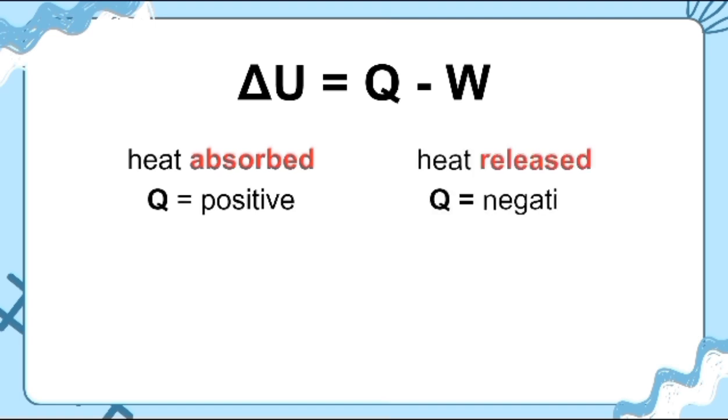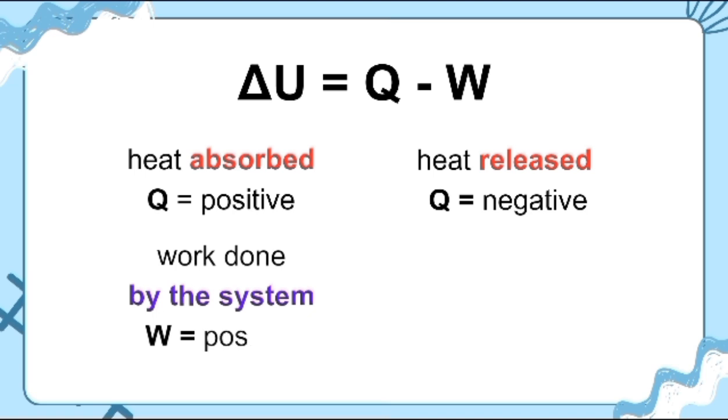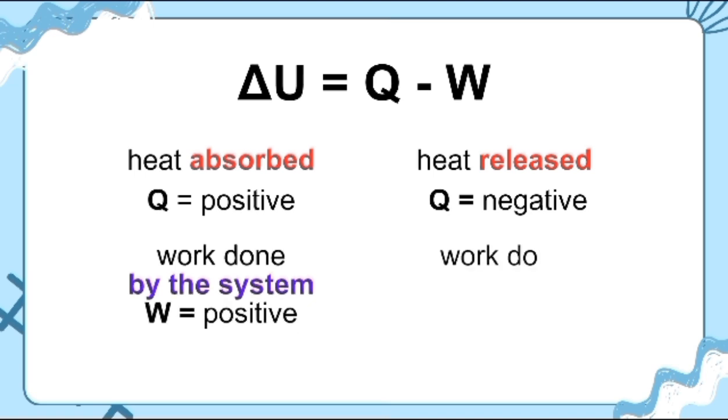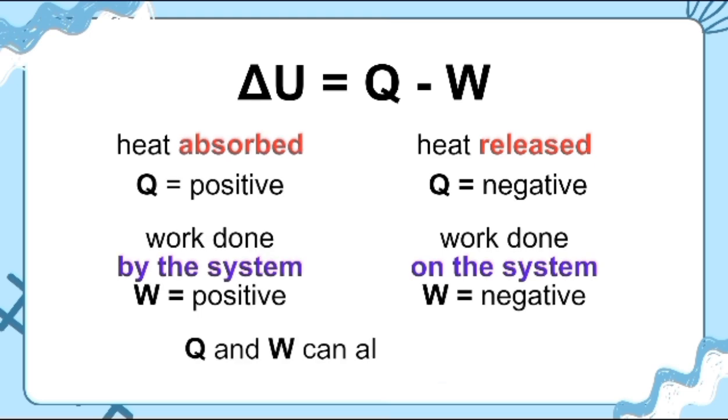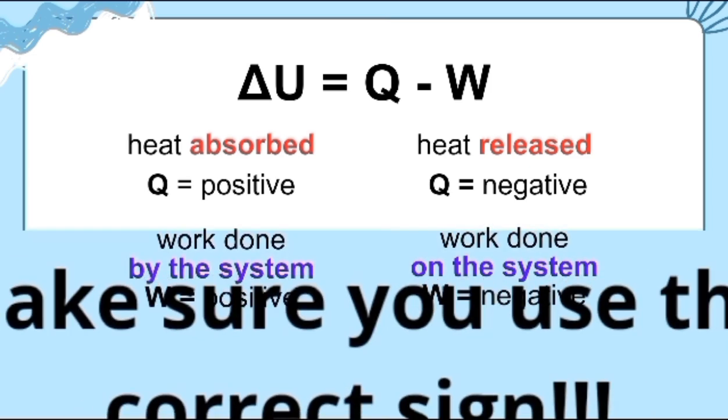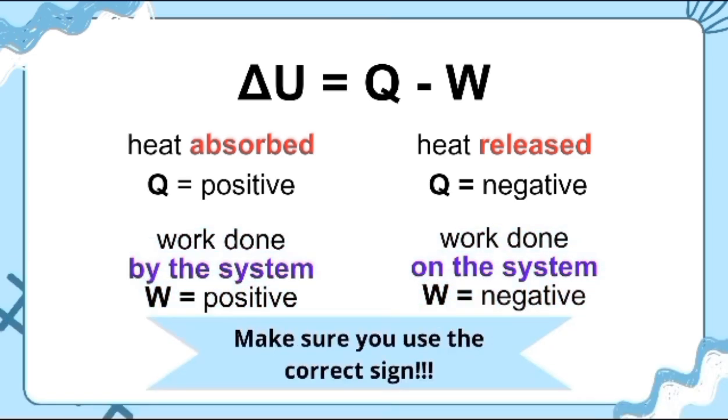When heat is released, Q will be negative. When work is done by the system, W will be positive. When work is done on the system, W will be negative. Q and W can also equal 0. So make sure you use the correct sign.